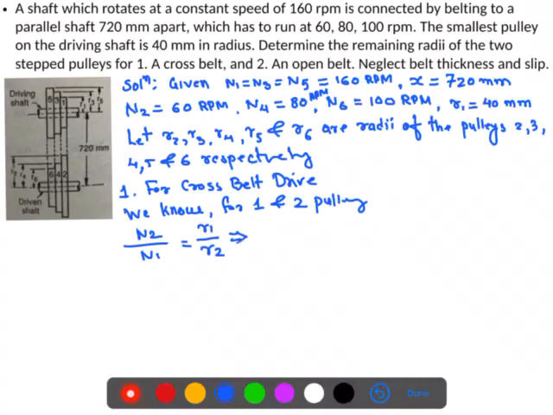We know N2, R2 is unknown over here, so R2 is equal to R1 multiplied by N2 divided by N1. So R1 is known, that is 40 millimeter. Just a minute, we have to correct this.